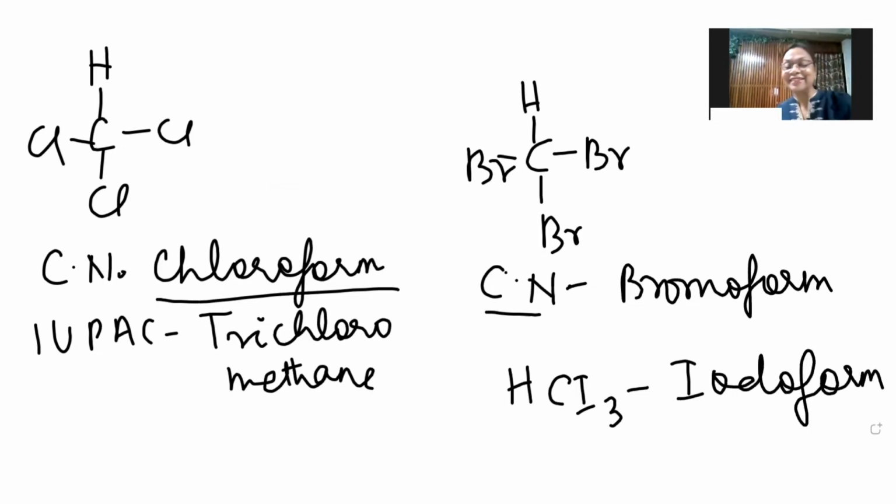Very good. So we are done with the trihalo derivatives also, and you could go on doing the same thing for ethane, propane, etc. Where the common names are less known, you can go with the IUPAC names. So we will not discuss them in much detail as the common names are sparse.